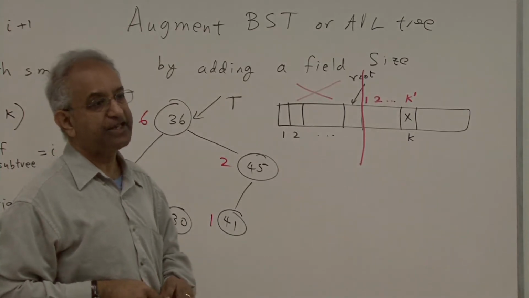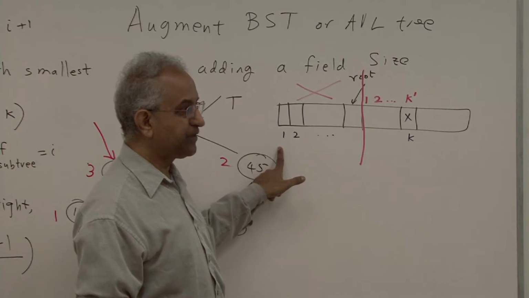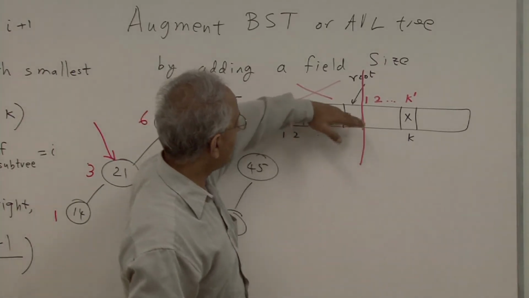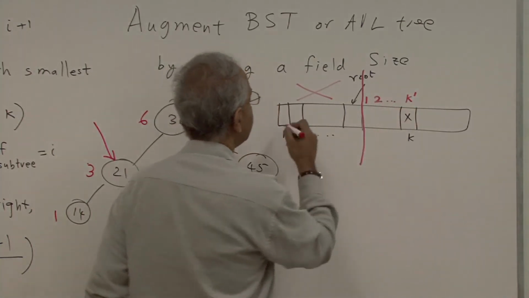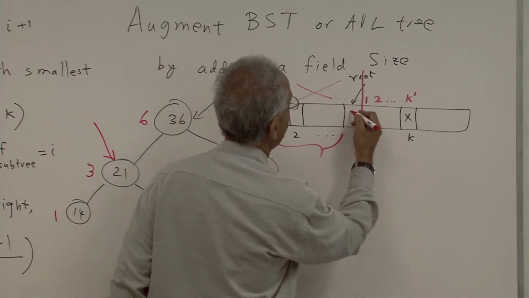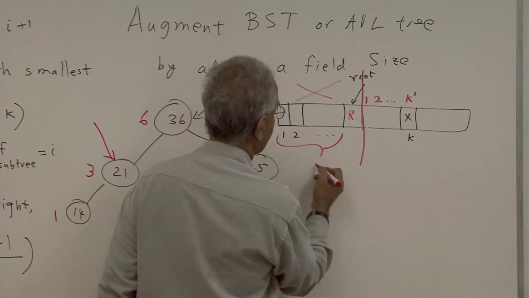So I'm indexing the same array in two ways. One, by starting at the leftmost position, numbering 1, 2 like this. The second, I drop a whole segment and start my indexing from here. First of all, what is this number here? This is the root key, R at the root.